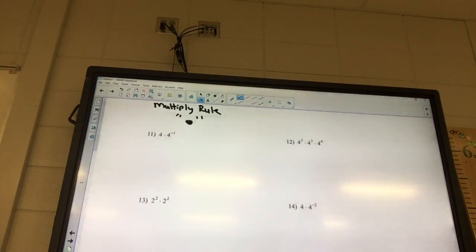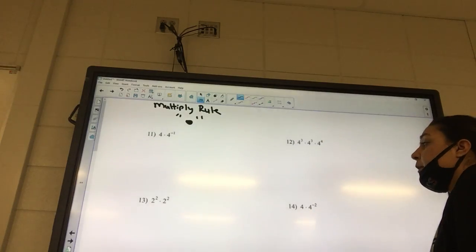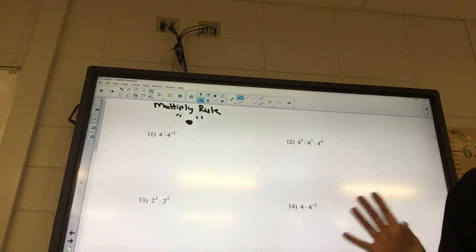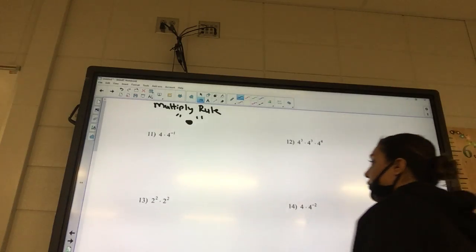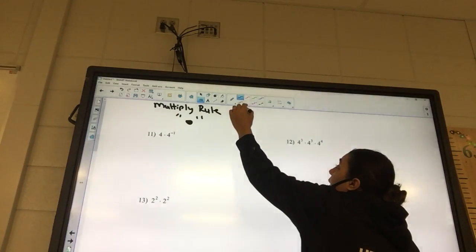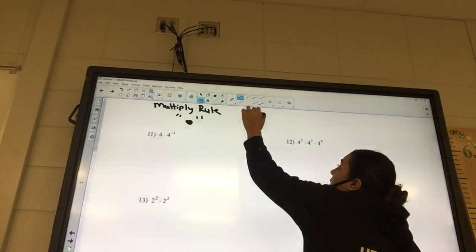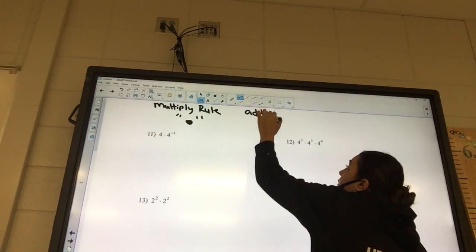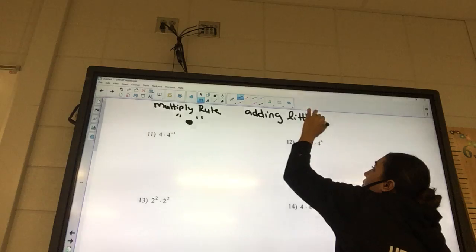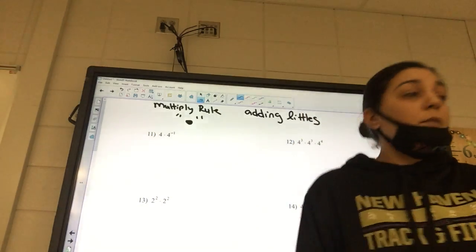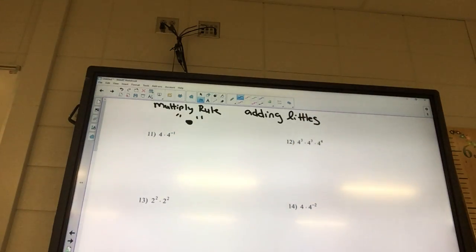This one is a little bit funky because the rules change a little bit for numbers and letters. But essentially, you're going to be adding the littles. Where there's a discrepancy is the bigs.